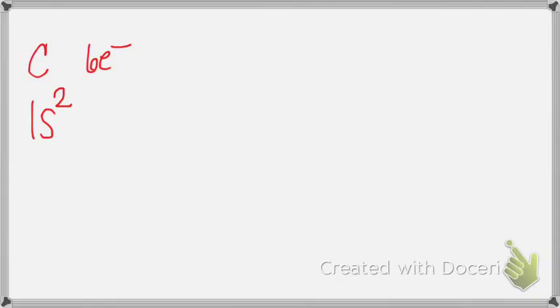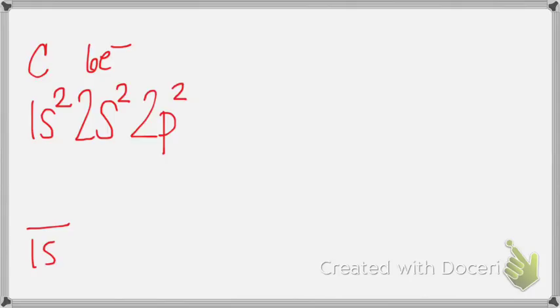Then we go to the next line and we fill up 2s2 next. And then carbon is in 2p, and it's the second slot, so that means it has 2 electrons. The way we would draw the orbital diagram or the orbital notation for that is we'd say 1s, 1 up, 1 down. Then we go to 2s, and then we'd say 1 up, 1 down.